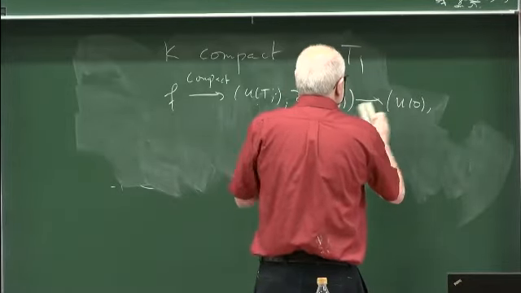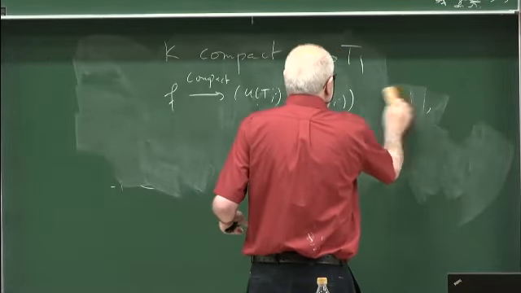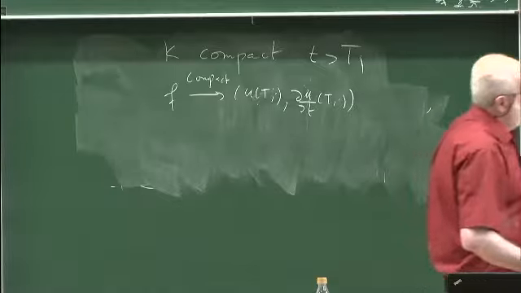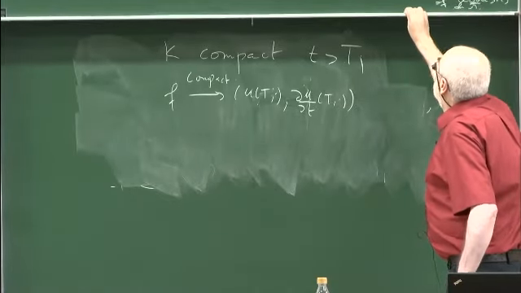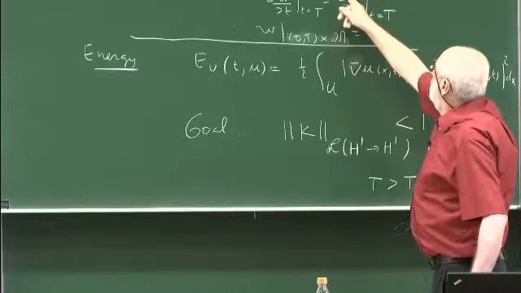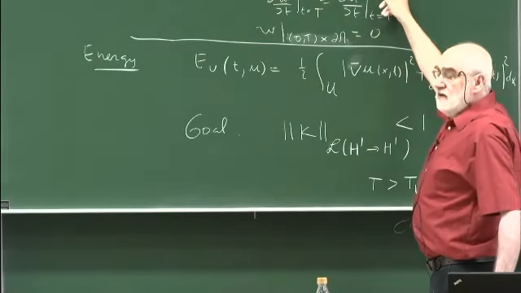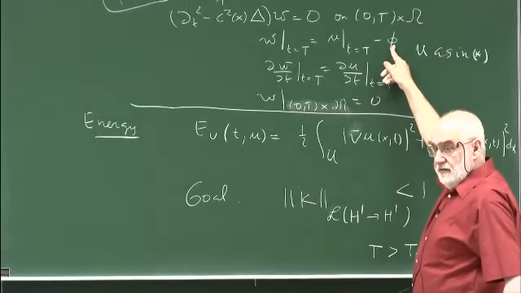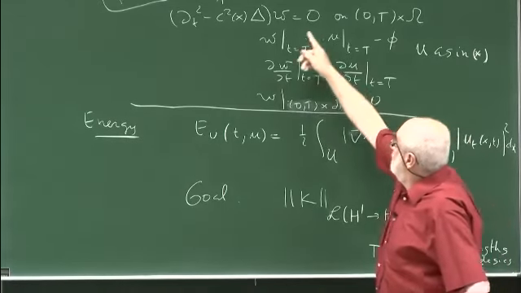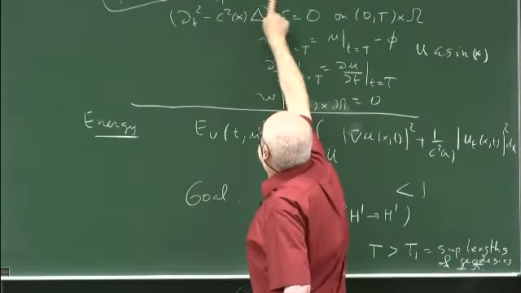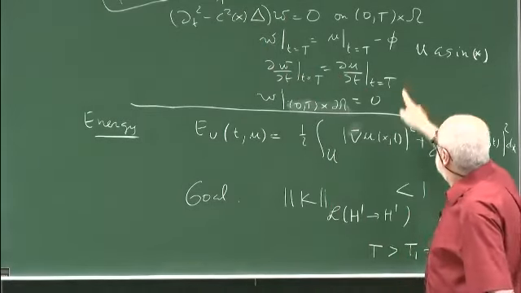This is compact. Another, before I do that, for the W, which is up there, not only do I have u at t equal to capital T, but I have minus phi here, right? Remember, I want to check that this map sending f to W at 0 is compact. So I have to subtract the phi.